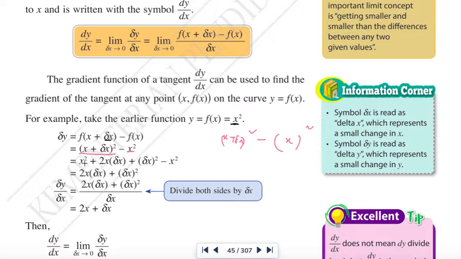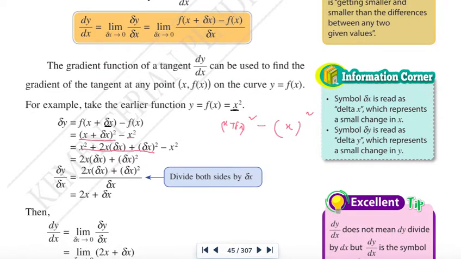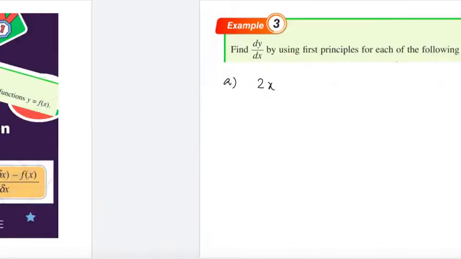From here to here, actually use the, what we call this one, (a plus b) squared equals a squared plus 2ab plus b squared.